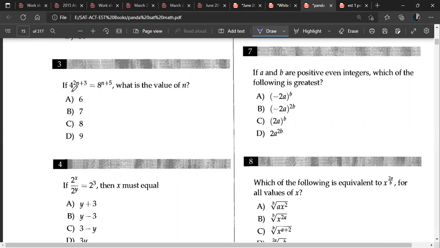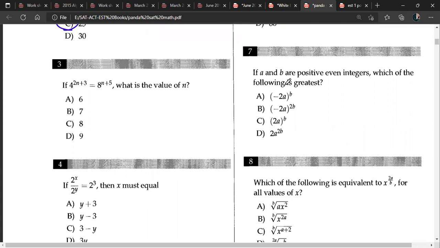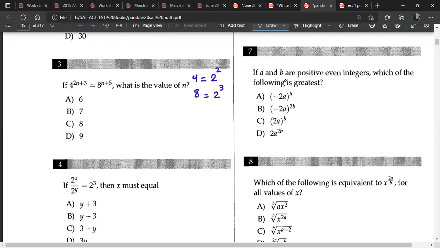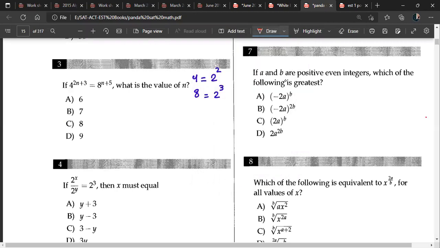Here you have base 4 power 2n plus 3 equals 8 power n plus 5. طيب هنا عشان نعمل equation مظبوطة لازم يكون عندي same base يعني بتعامل مع powers ولازم يكون عندي same base. طيب أنا هعمل convert ال 4 becomes 2 squared وانا هعمل replace لل 4 تبقى 2 squared. انا هعمل replace تاني لل 8 equals 2 power 3. يبقى انا هريبليس ال 4 2 squared replace ال 8 2 cubed. تمام يا شباب؟ طيب بعد كده هيكون عندي 2 squared all power what؟ 2n plus 3.